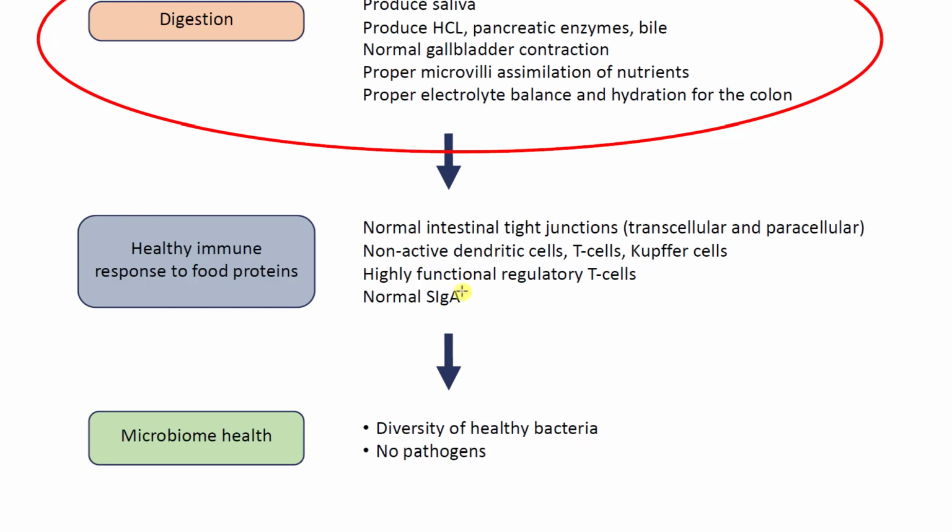Then it moves into normal intestinal tight junctions. Again, do you have any transcellular or paracellular issues that could be contributing to your leaky gut? Is there overactivation of specific immune cells, our dendritic cells, our T regulatory cells, or Kupffer cells? Do you have normal SIgA, which you don't?